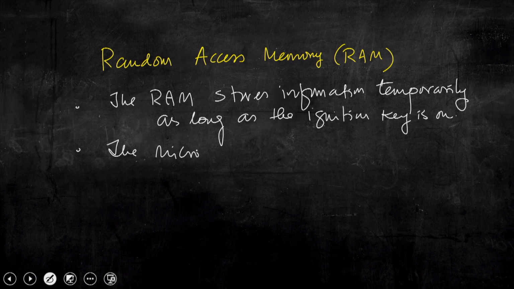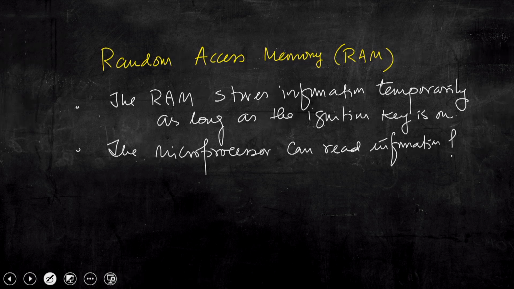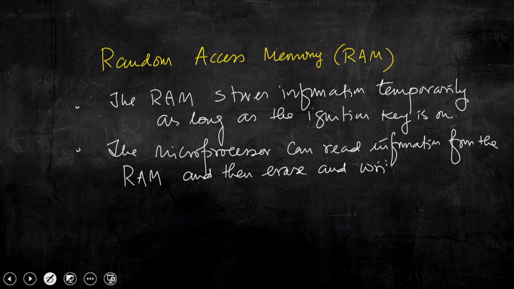The microprocessor can read information from the RAM and then erase and write new information in it.